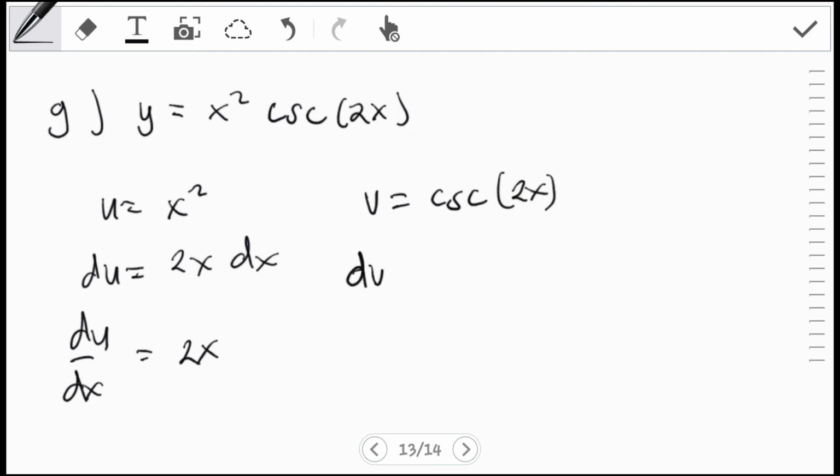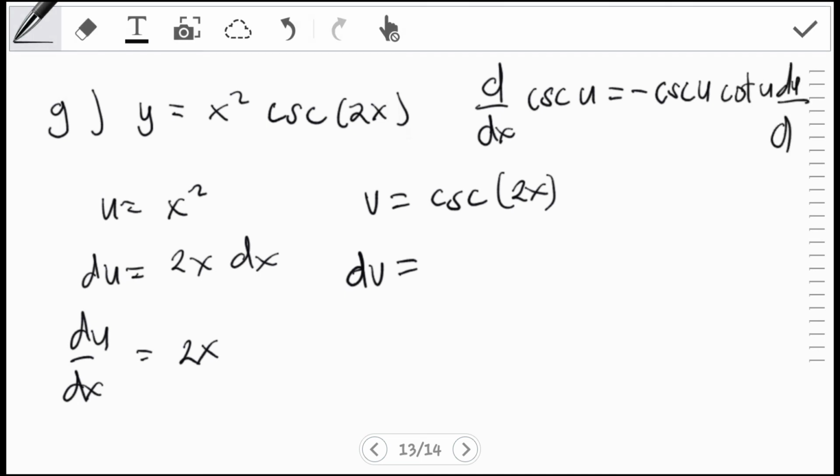Okay, so where dv here? Okay, so take note again, d over dx of cosecant u is equals to negative cosecant u cot u then du over dx. Okay, that is the formula and we apply.